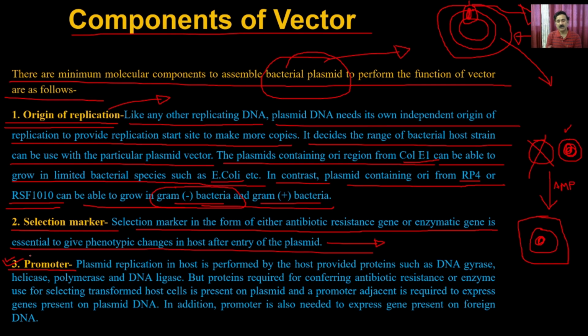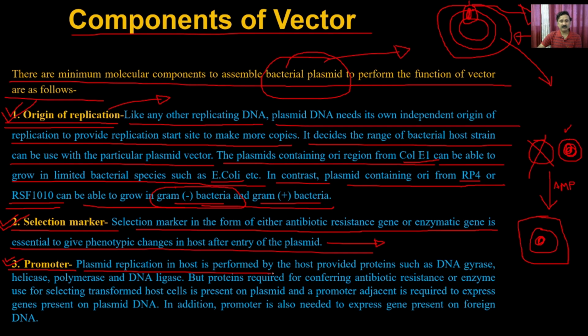The promoter is always present on the expression vector, and it is not an essential component for the cloning vector. So for a cloning vector, you require only two components: the origin of replication and the selection marker. Whereas for the expression vector, you require the origin of replication, the selection marker as well as the promoter.